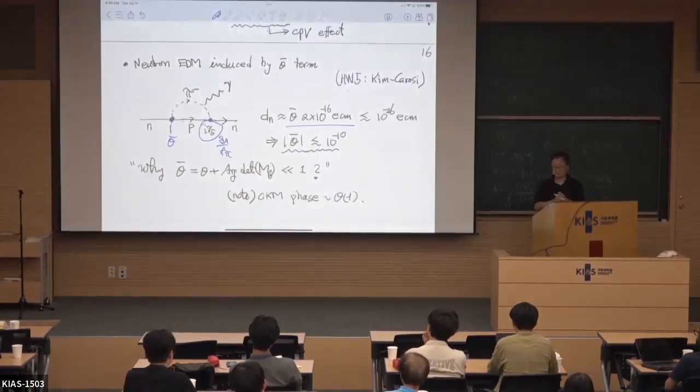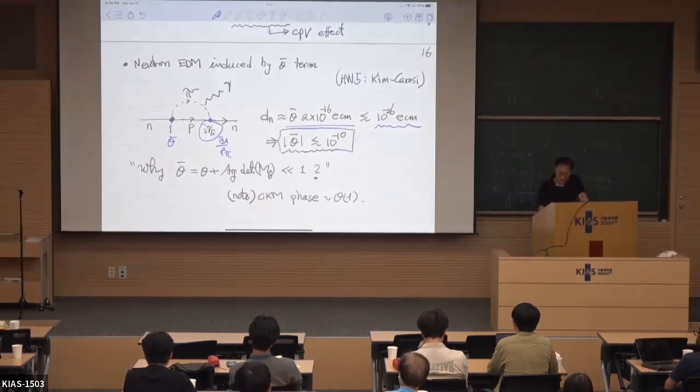But in experiment, we found that the neutron EDM must be smaller than 10 to minus 26 e times centimeter. From this, we learned that theta bar should be smaller than 10 to minus 10. So why should theta bar be small? This is a gauge invariant parameter in your Lagrangian, and it can be order 1, right? We have to understand why this theta bar should be so small.